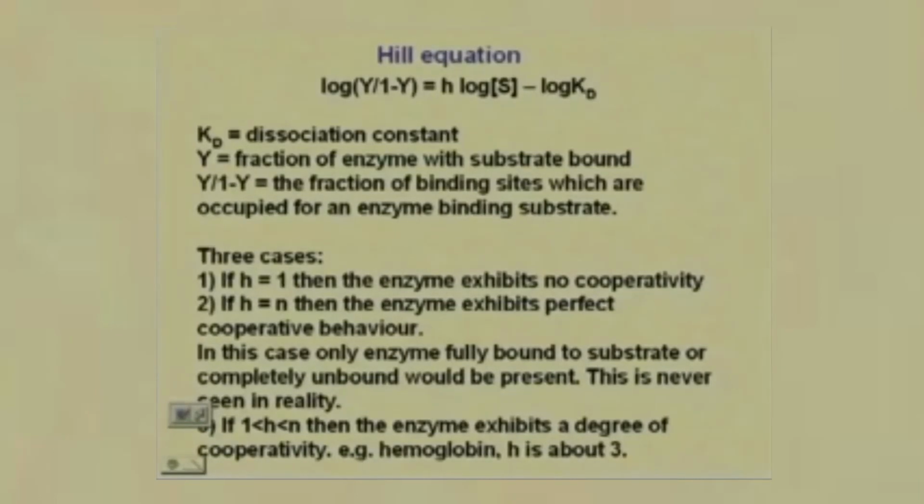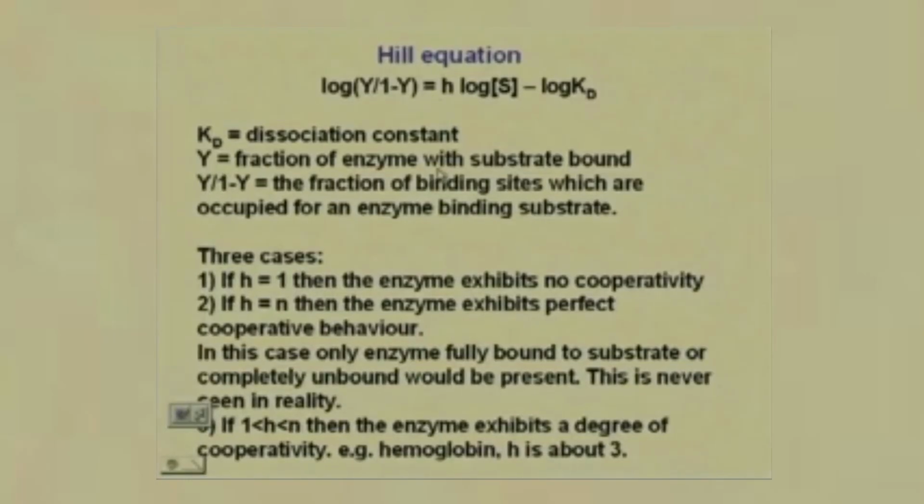And then you can plot what is called a Hill plot, where, can you tell me what you are going to plot? You are going to plot log Y by 1 minus Y on the y-axis versus log S, and the slope is going to tell you, this is also called the Hill coefficient, it is going to tell you what the Hill coefficient is.